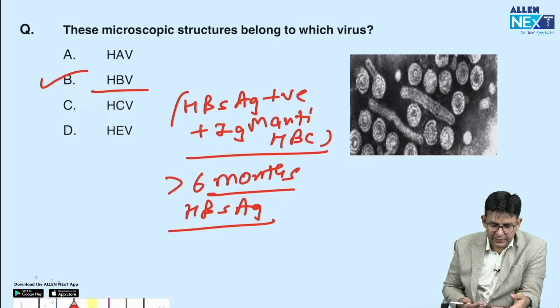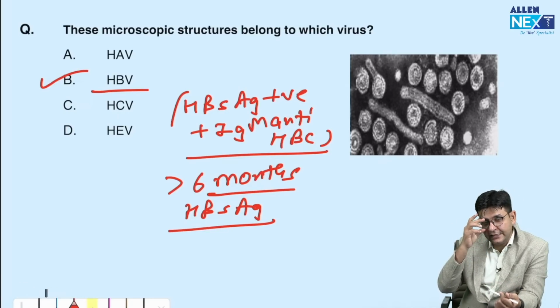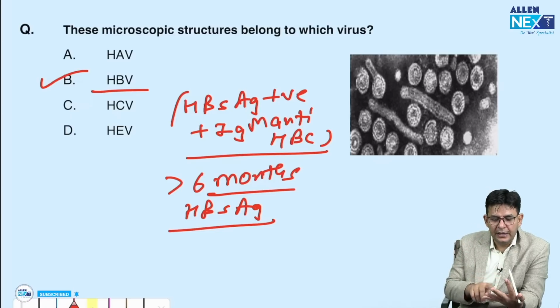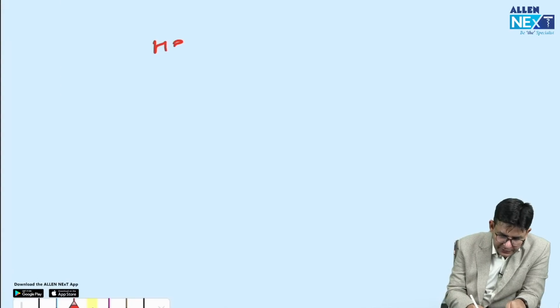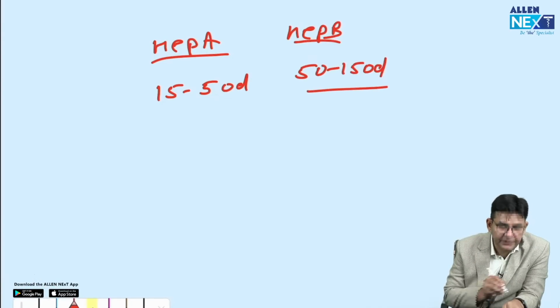Okay, and this time they have asked regarding the incubation period in the INI-CET exam. So this can come to you also. A very simple trick is there. Hepatitis A has an incubation period of 15 to 50 days. Hepatitis B has 50 to 150 days.